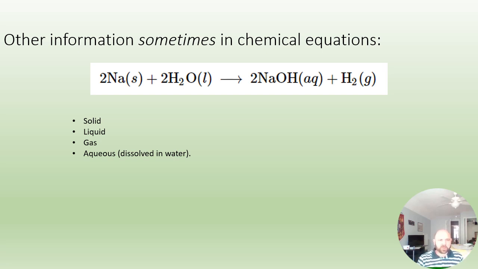When we see the L, that means it's in liquid state. When we see G, that means it's in the gaseous state, like we see with the H2 here in this example. And finally, when we see aqueous or AQ, that means that compound or element is dissolved in water.